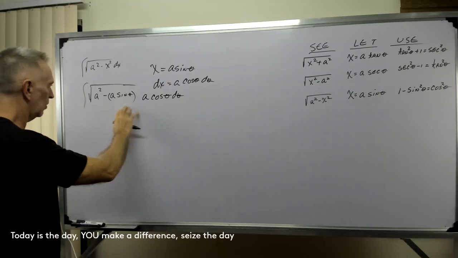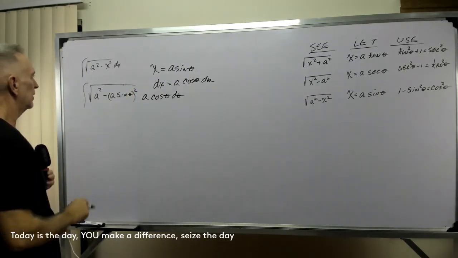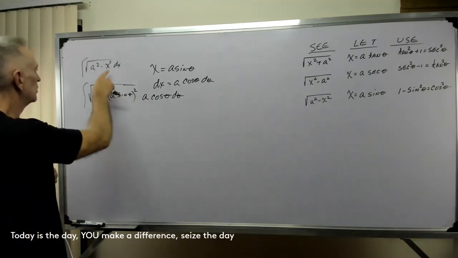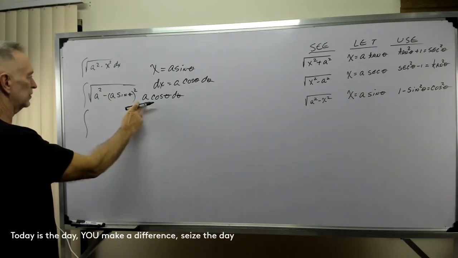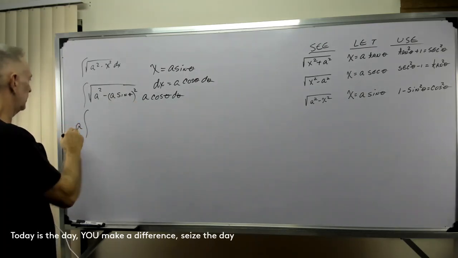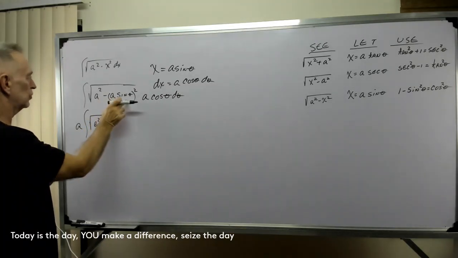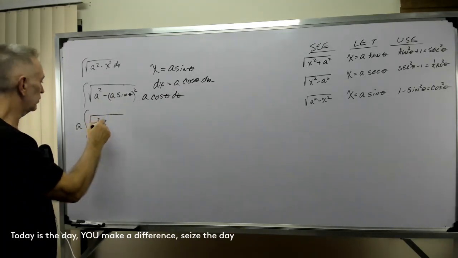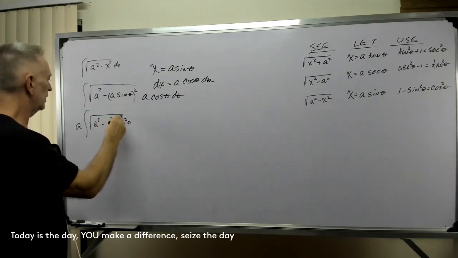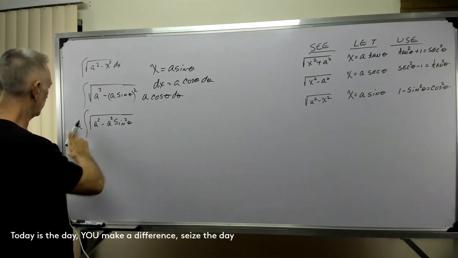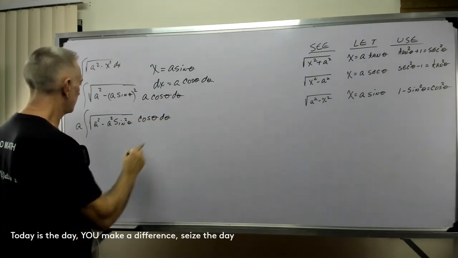Okay, so I have all of this here that I'm dealing with. Oh, and that's squared. All right, so that's x squared. So what does that give me? I'm going to bring this a to the front. So I have the square root of a squared minus, we're squaring what's inside the parentheses, that's a squared sine squared theta, times, I brought the a over here, cosine theta d theta.